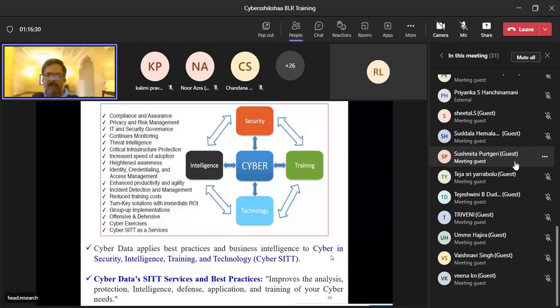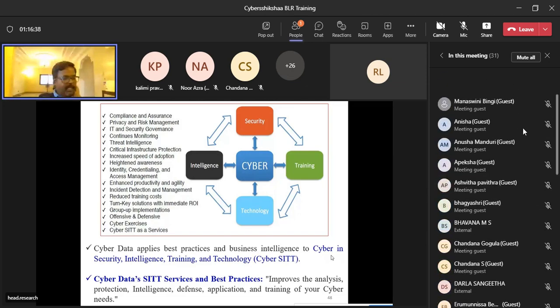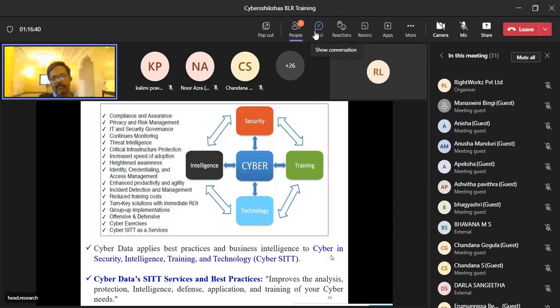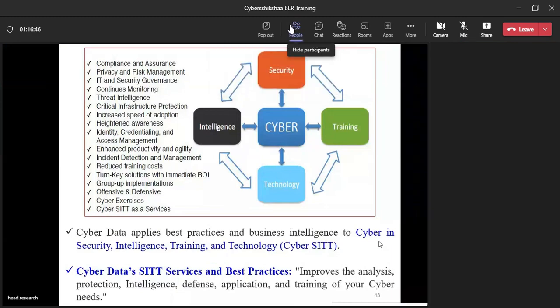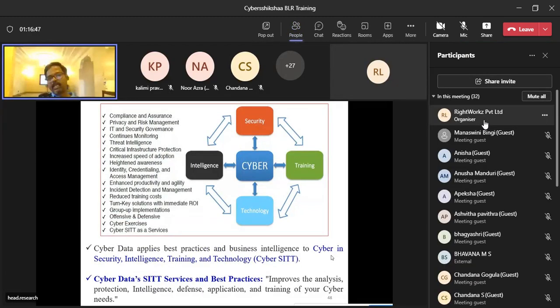So there are 4 important concepts and technologies you must remember related to cyber. My dear students, what is the meaning of cyber? Cyber is related to computer networks, information technology, and virtual reality. So there are 4 components: security, training, technology, intelligence.